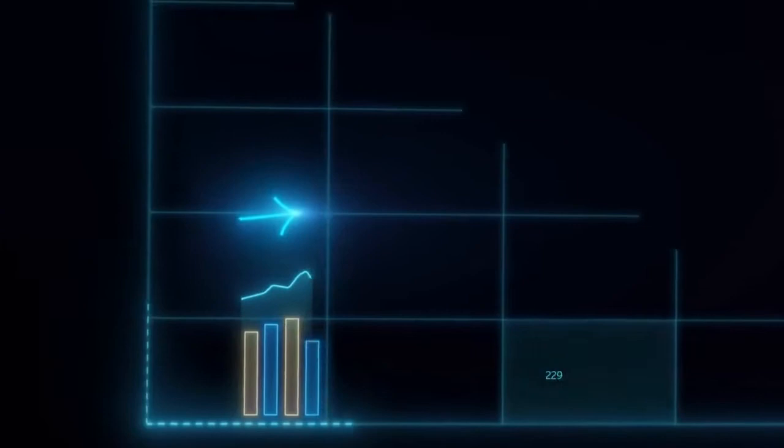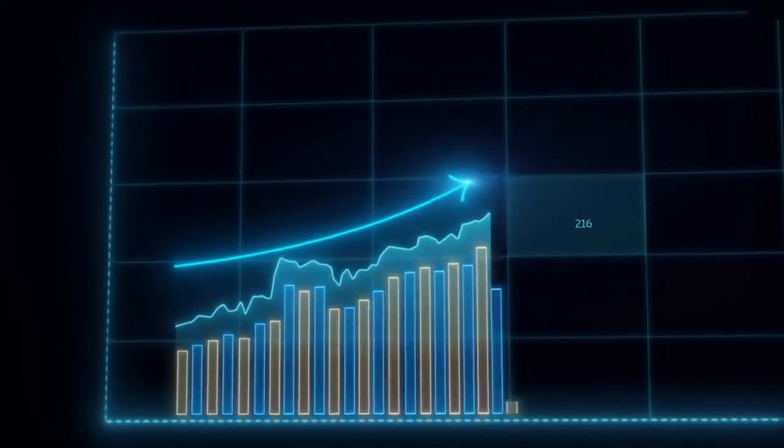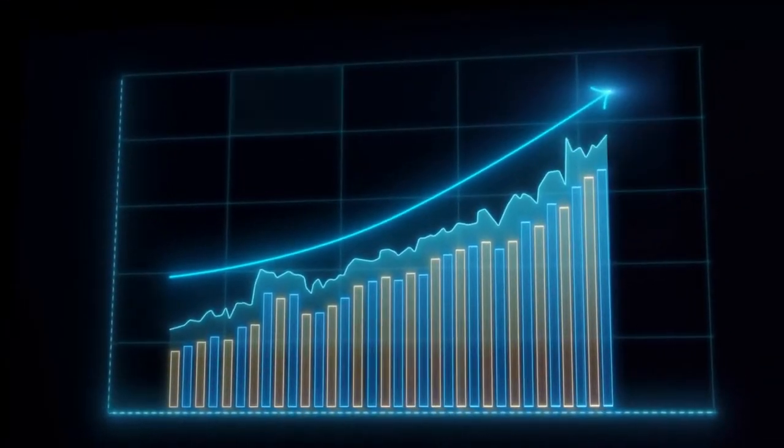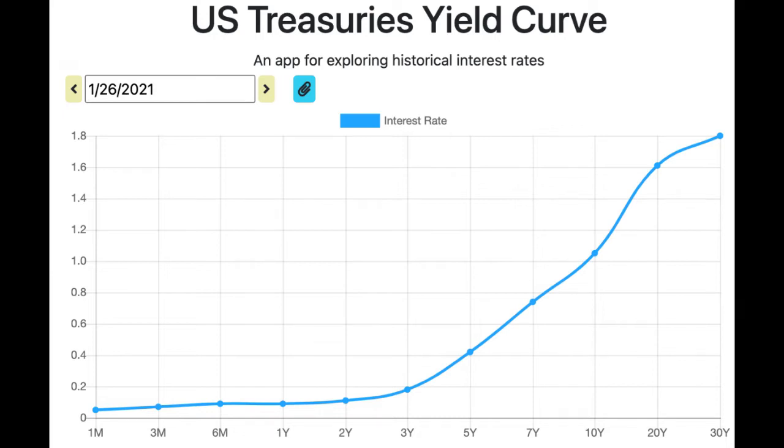This causes a normal yield curve to slope upward, with yields increasing as Treasury maturity time increases. Like this chart taken from January of 2021, for example. We can see that as maturity increases on the x-axis, the yield also increases on the y-axis.